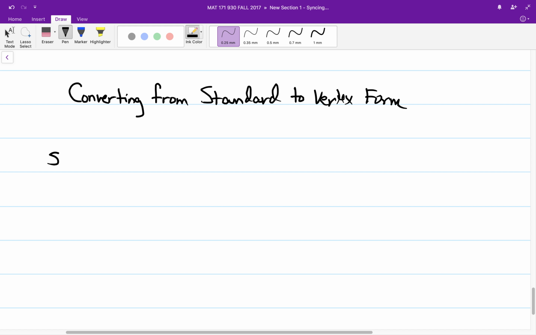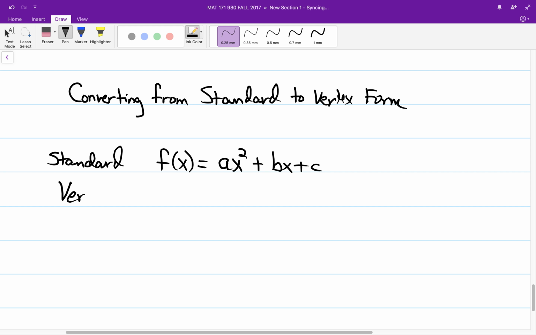With the standard form, once again, f of x is equal to ax squared plus bx plus c. And for the vertex form, same function, different layout: a times the quantity x minus h raised to the second, followed by the addition of k.